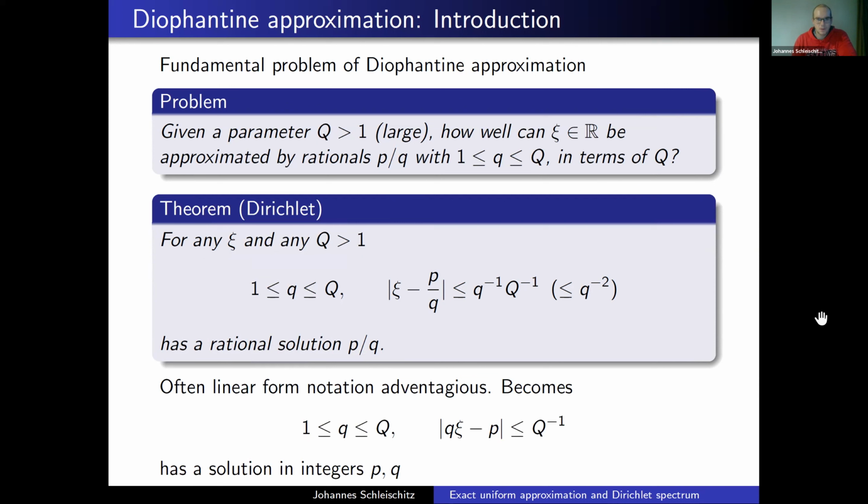Also in this talk, I will mostly use rather the linear form. Equivalently, you can look at the system I wrote below with q theta minus p, which is a linear form, and then the theorem becomes as I've written here. So this always has a solution in integers p and q.